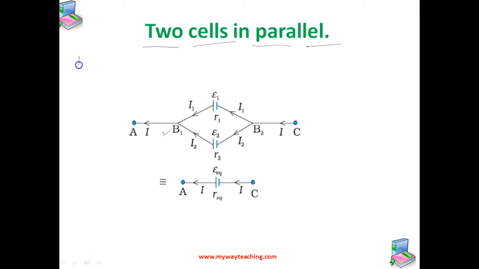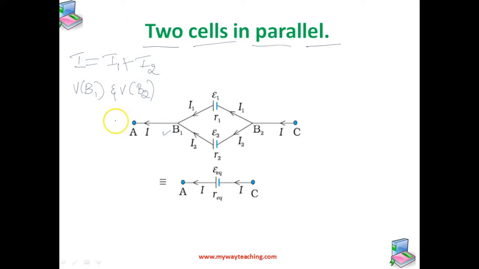So this current I is equal to I1 plus I2. Let V of B1 and V of B2 be the potentials at B1 and B2 respectively.